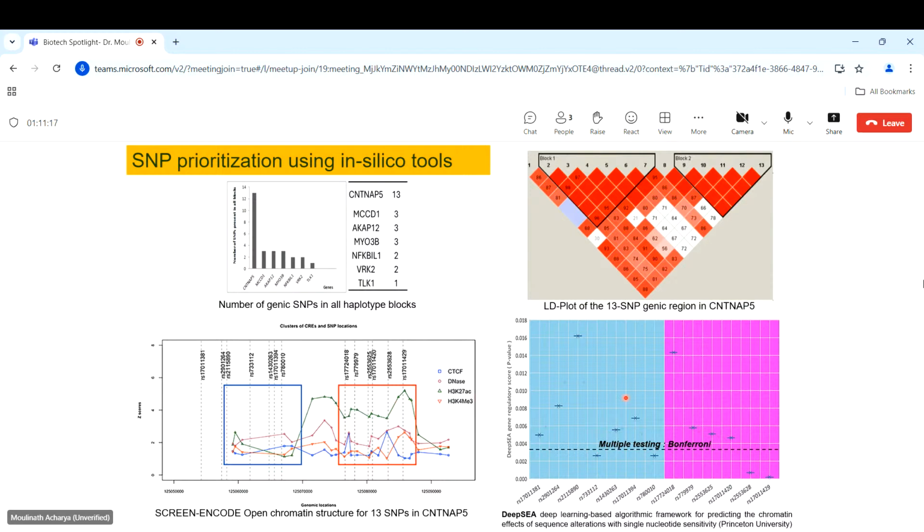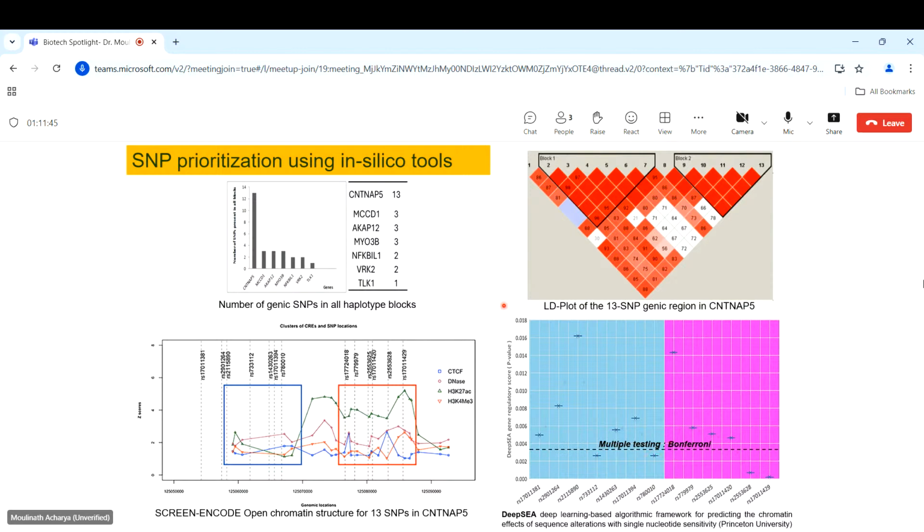which is also corroborated in the next picture, where we have used a deep learning based algorithm framework for predicting the chromatin effects of sequence alterations with single nucleotide sensitivity. And this is the stringent multiple testing correction, Bonferroni. And if you look at the SNPs, this is our sentinel SNP, the RA780010.